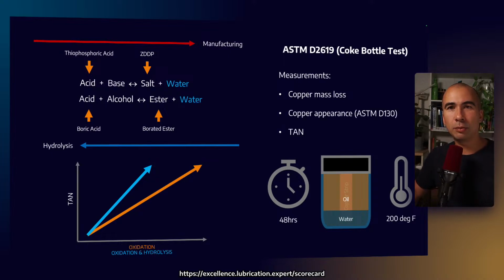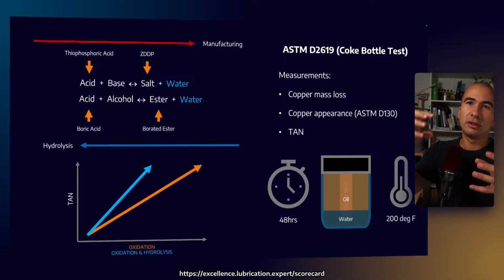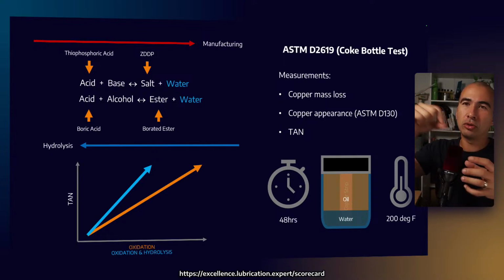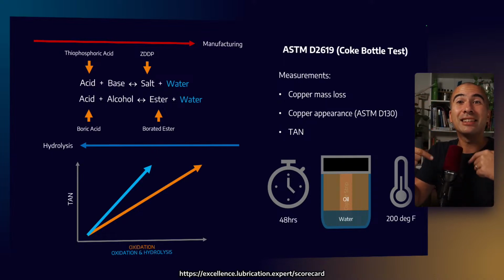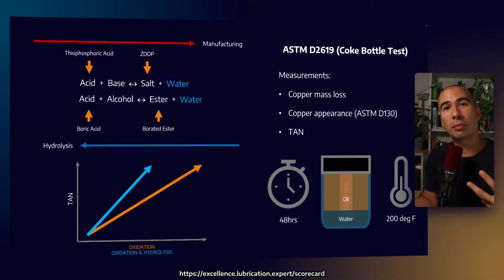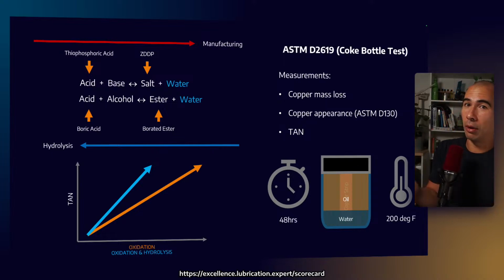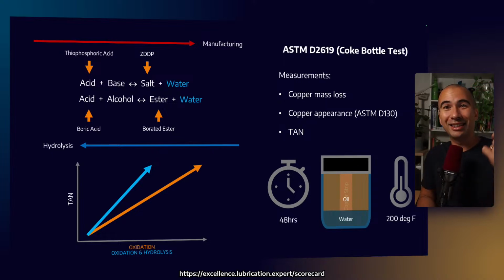So we test this by something called the Coke bottle test, where basically you mix oil, water, and you have a copper strip inside. And as the acids build up, they'll start to eat away at the copper. And so by looking at the copper appearance, as well as the amount of mass that's lost off the copper, then we can get a measure for how much hydrolysis, or how susceptible an oil is to hydrolysis.